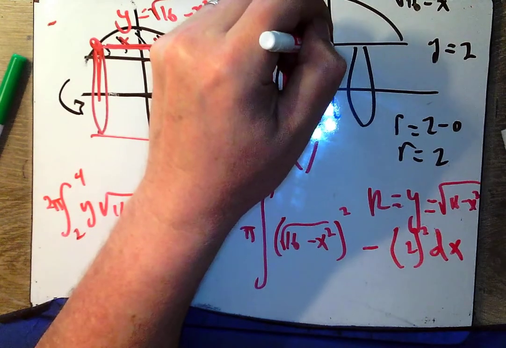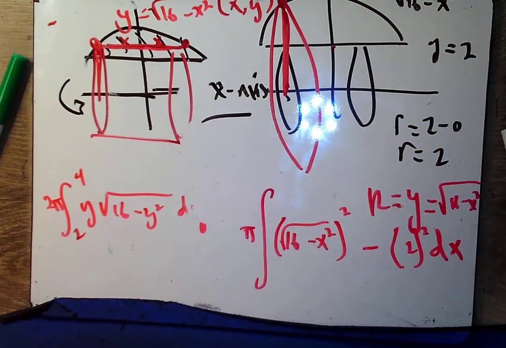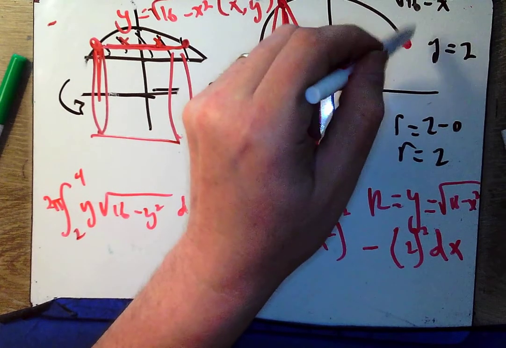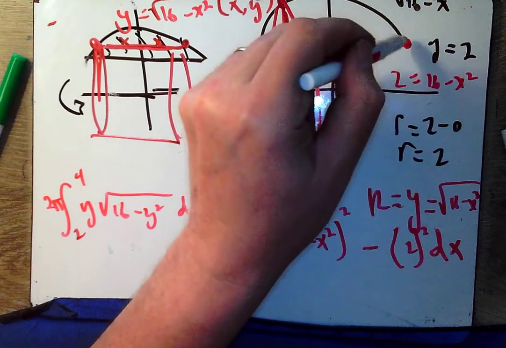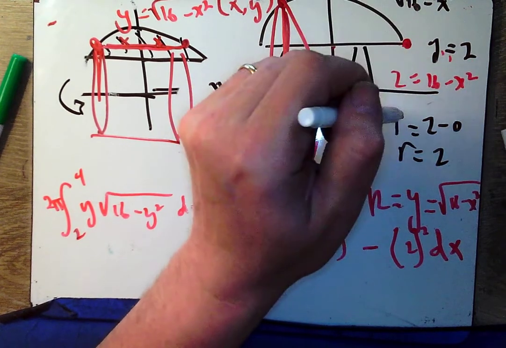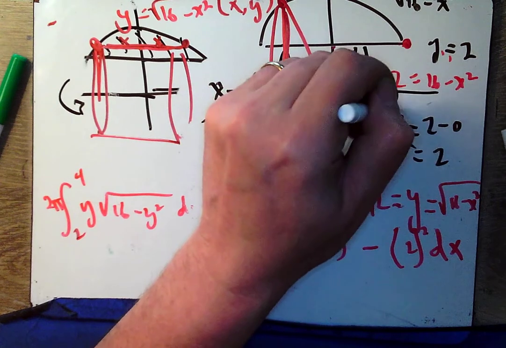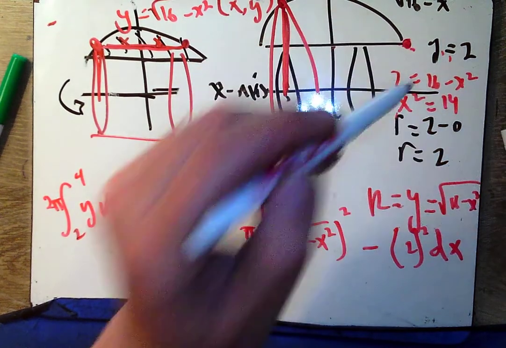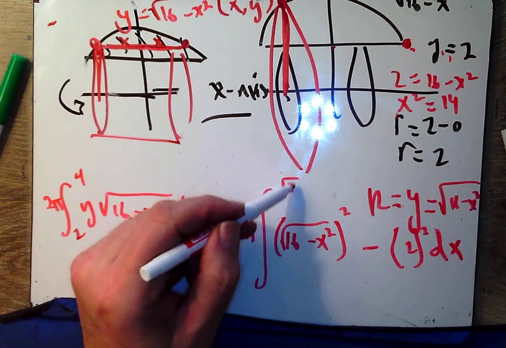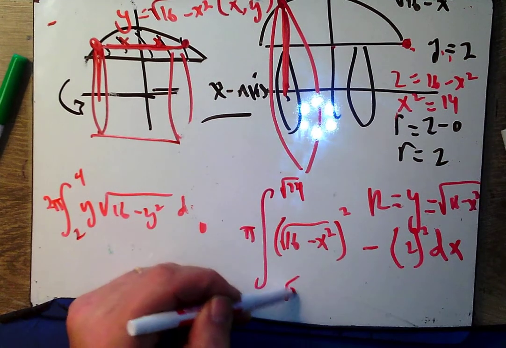Well, I don't know where that x value is. So 2 equals 16 minus x squared, because I'm looking for the point of intersection for these. And I get x squared equals 14. And so this is going to be square root of 14, negative root 14.